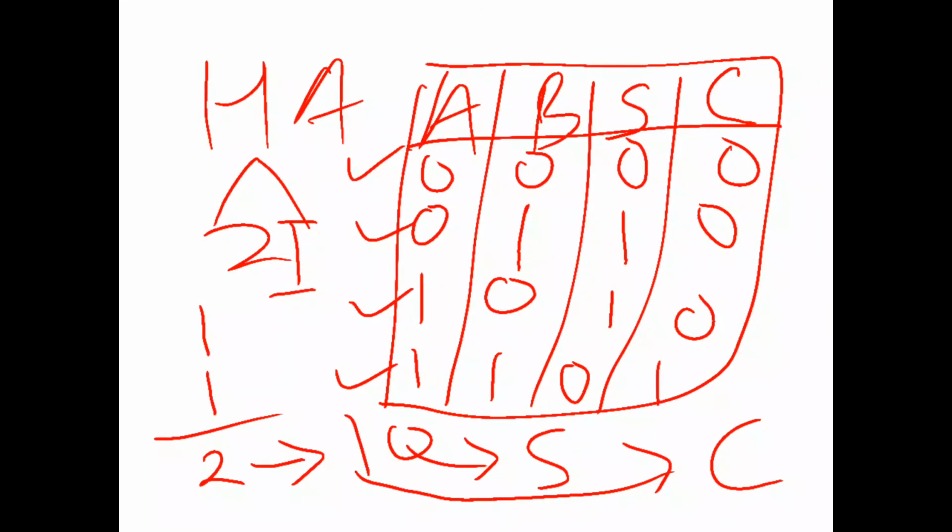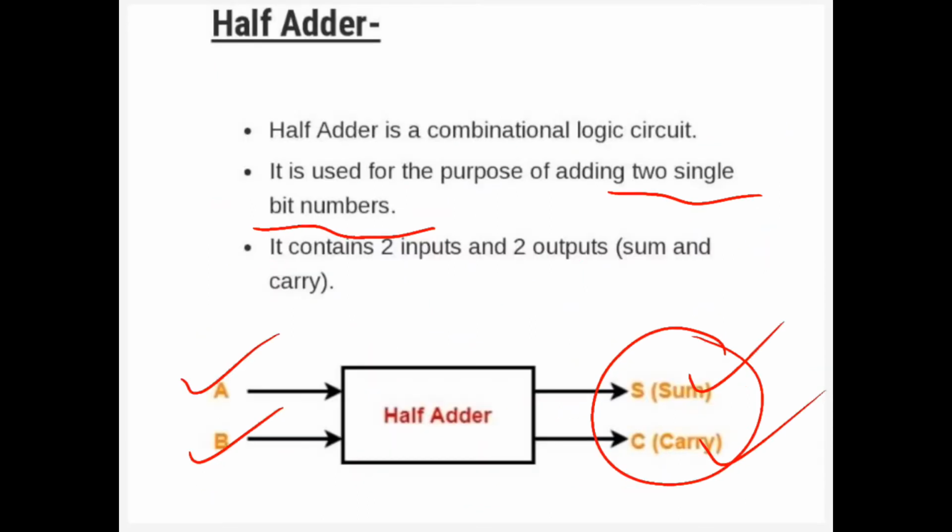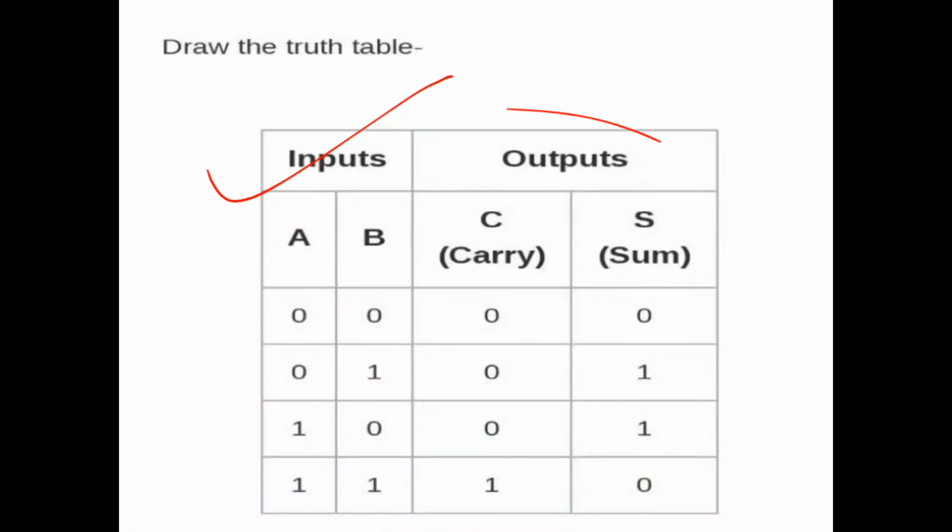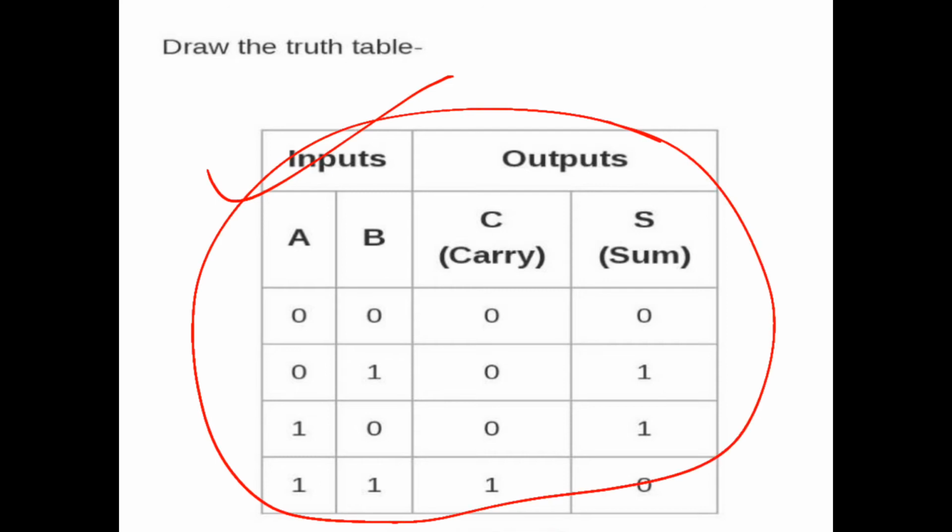So that's why we are having carry as 1 and the sum bit as 0. So this is the truth table we are having there. One can simply learn, or from the previously discussed problem, one can write their own truth table. So it is very easy.